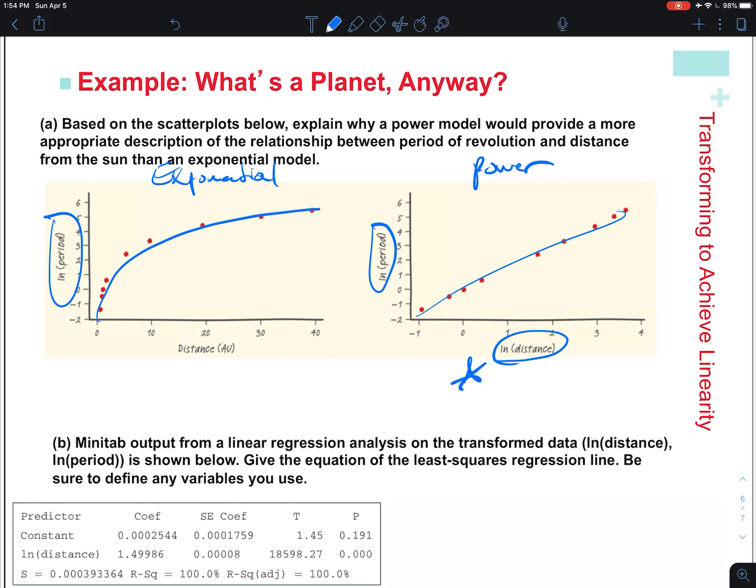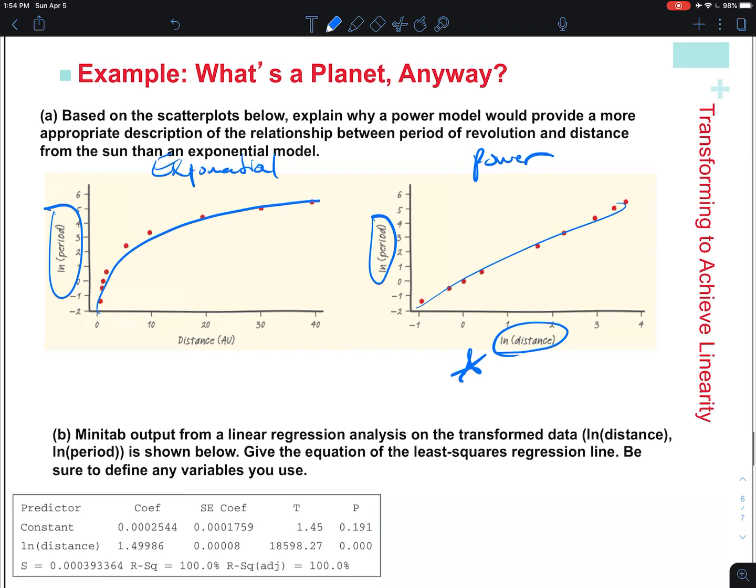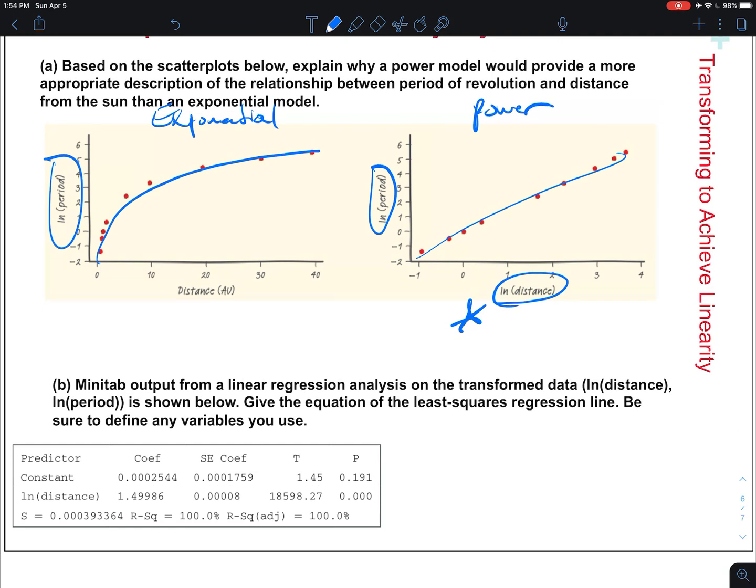So anyway, this one's better, the power relationship. The Minitab output of the regression for the transformed data for the power transformation is shown here, and we write the equation.